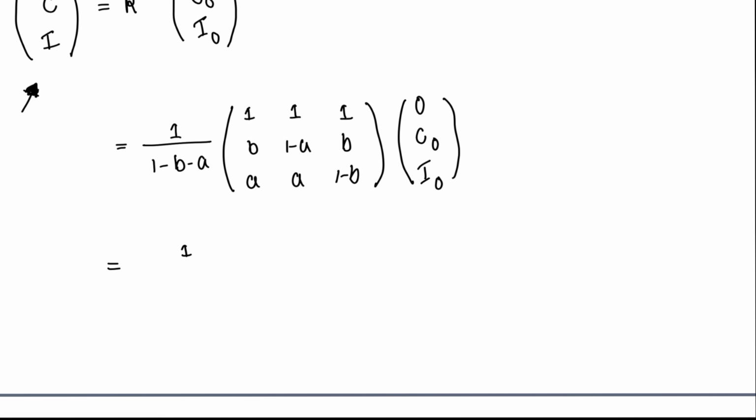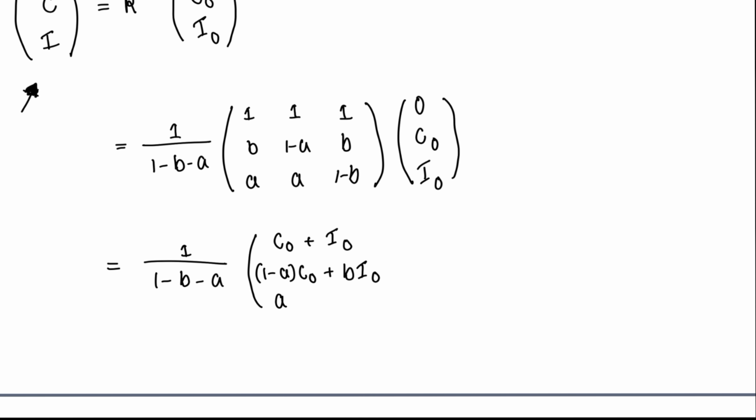If I now multiply the two matrices, I get C0 plus I0, 1 minus A, multiplied by C0 plus B I0, and AC0 plus 1 minus B I0, which is equal to Y, C, and I.